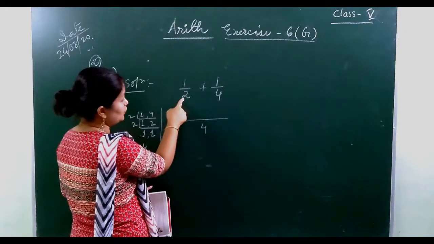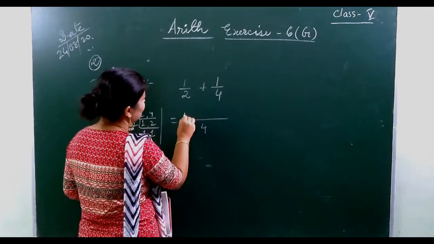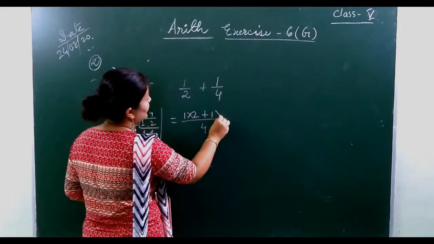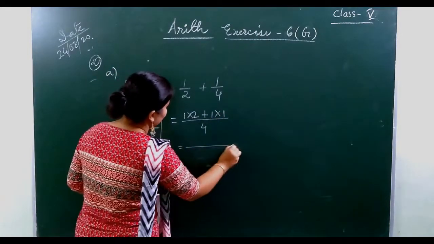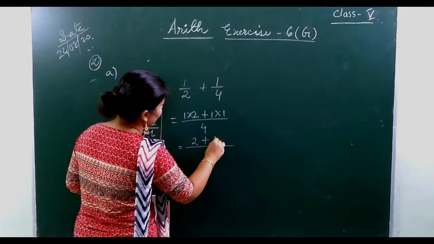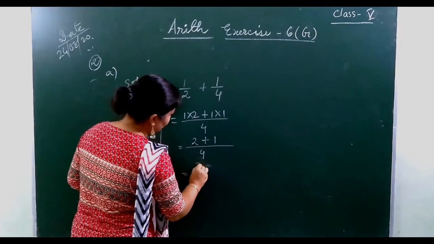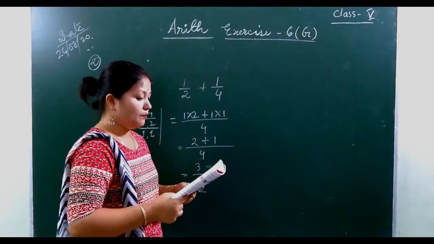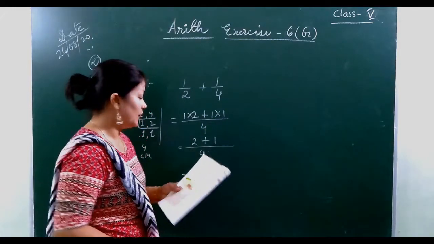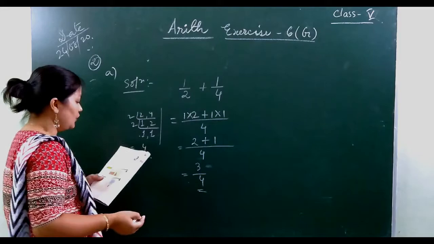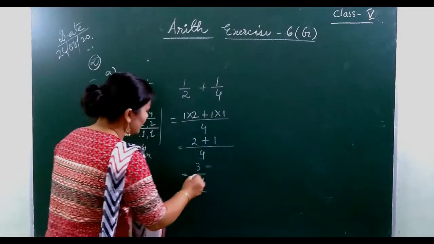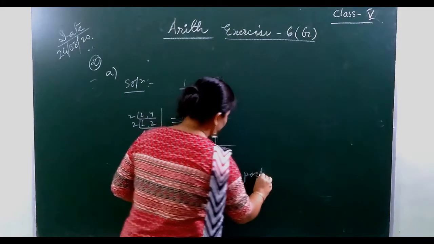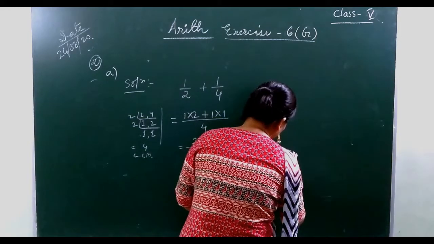With this we will multiply 2 to get 4, so we multiply that 2 with the numerator, plus, as it is 4 we have to multiply 1, so 2 1 time 2, 1 1 time 1 divided by 4, then 3 by 4. You got 3 by 4, so 3 by 4th part of our pocket money is spent. At last you can write 3 by 4 of our pocket money is spent.